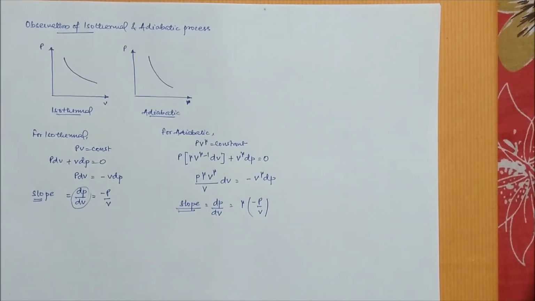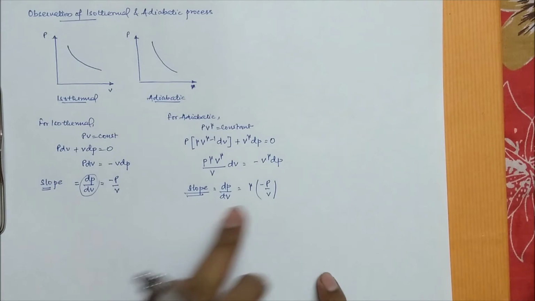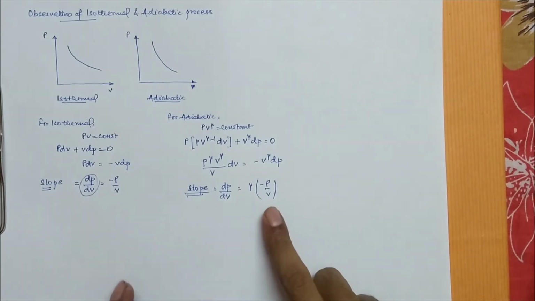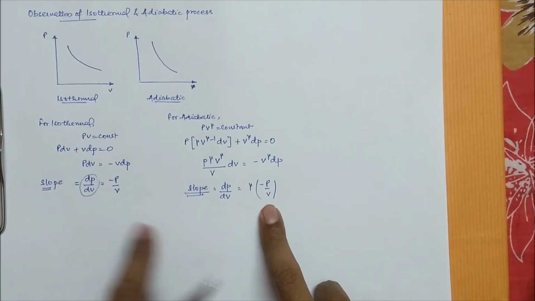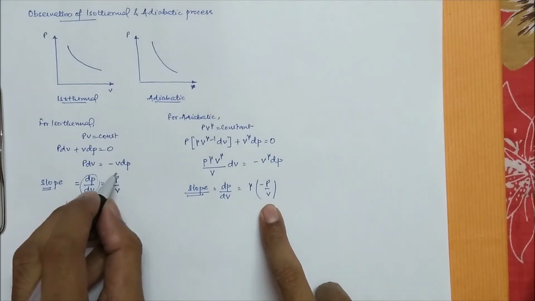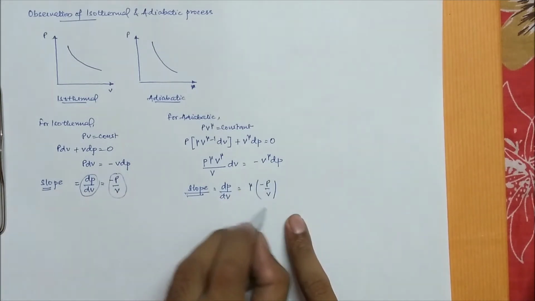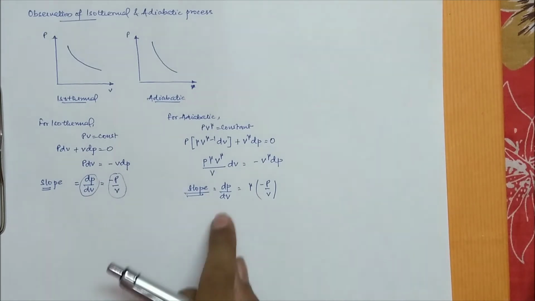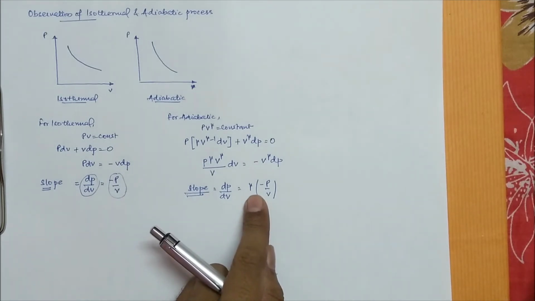From this too, we can compare the two slopes. We see that this quantity is the same in both the slopes, but there is a multiplication of gamma.